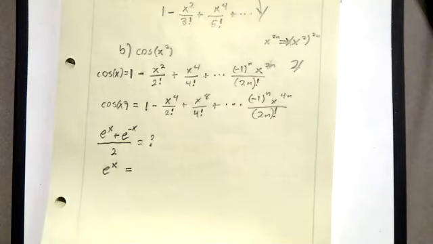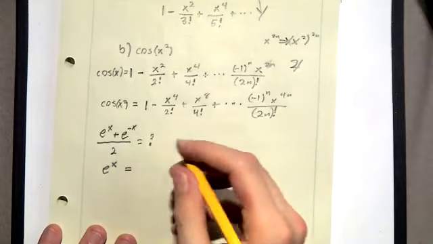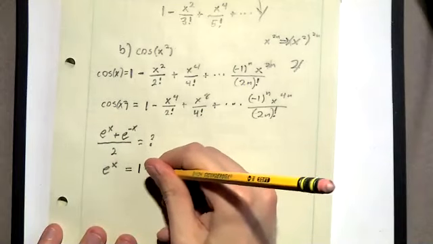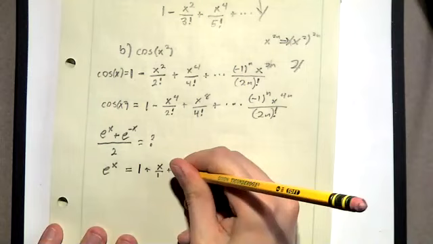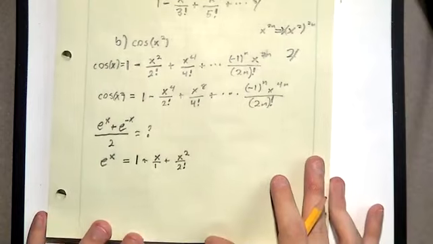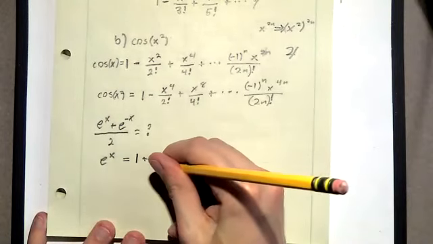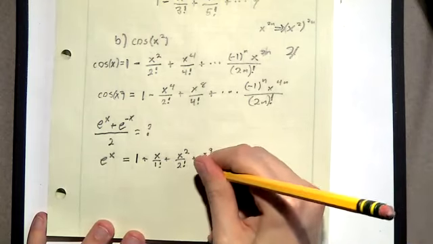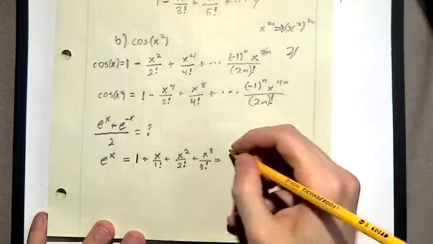And since e to the x we're centered around 0 again, we're just going to have the simple 1 plus x over 1 plus x squared over 2 factorial, because the e to the x just keeps repeating itself back to the e to the x. And this would be over 0 factorial, plus x cubed, you get the point. Plus dot, dot, dot.